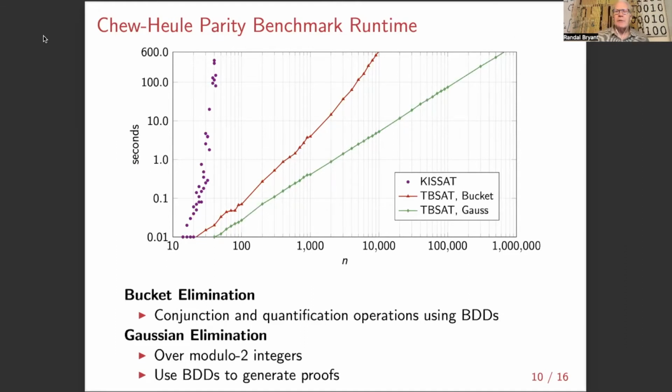And what we showed is that if we hang BDDs off the side, they're not actually doing the reasoning, they're just helping justify each of the individual steps of the parity reasoning, the Gaussian elimination, such that the overall result is a checkable proof. And you can see that can push up to n equals 1,000,000. So we've taken a problem that was absolutely intractable for CDCL and turned it into one that's really quite straightforward.